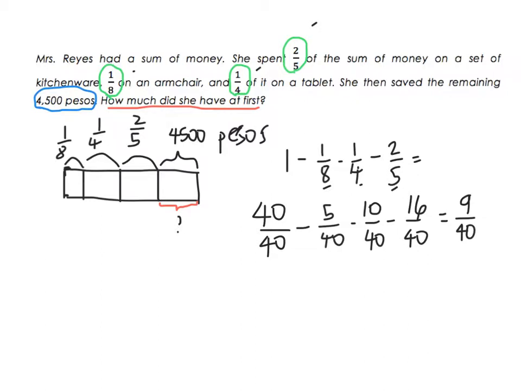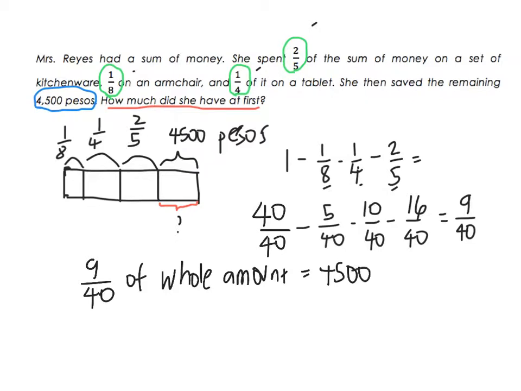So 9 over 40 of the whole amount is equal to 4,500. And if you remember your multiplication, this is like saying 9 over 40 times the whole amount.